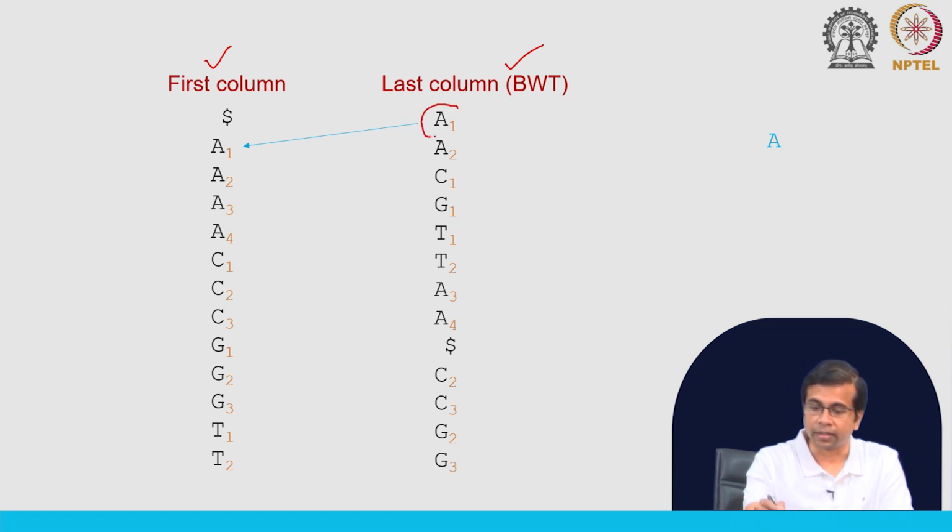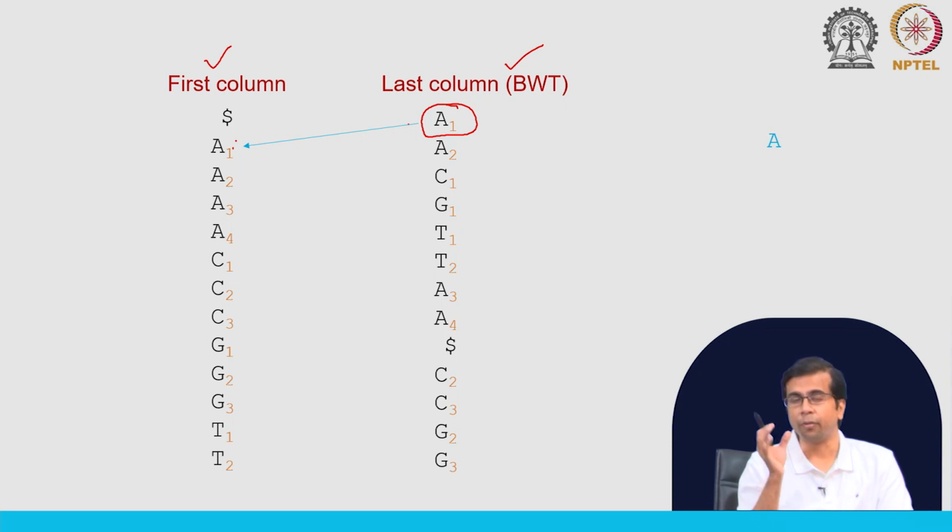So, we will start with the first letter in the last column, and we will map this to the corresponding A. So, this A1 corresponds to this one here because of the LF mapping property. Now, what is the letter that is before this A? Remember, the string rotation we are doing in such a way that we are bringing these letters around.